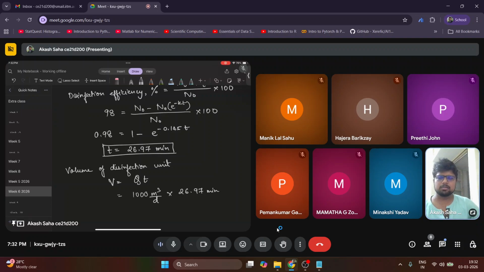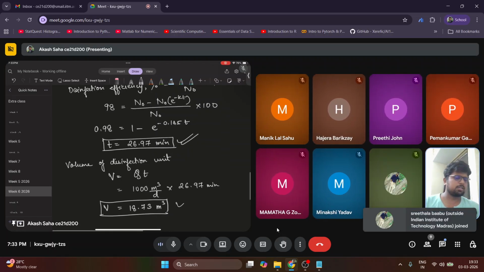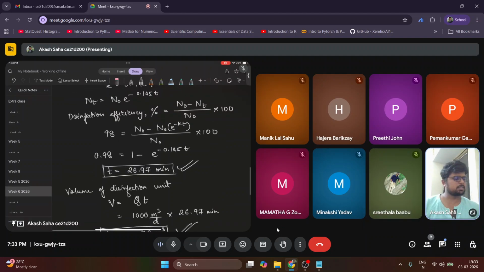So you have to convert these minutes into days, just convert it and multiply. You will get the final answer as 18.73 meter cube. Many people might stop solving up to here. They are not asking the time, they are asking the disinfection unit volume. So you have to multiply with the discharge. I hope this is clear to all of you.